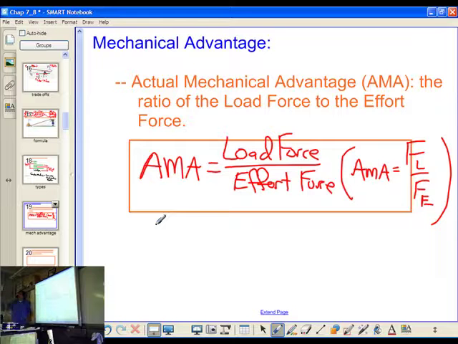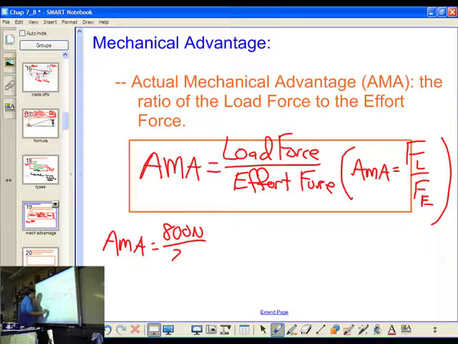Now, how would that work? Well, let's take the example of our ramp there. In the movie, the load was 800 newtons. But by going up the ramp, how much force did he have to use in the video? 200 newtons.